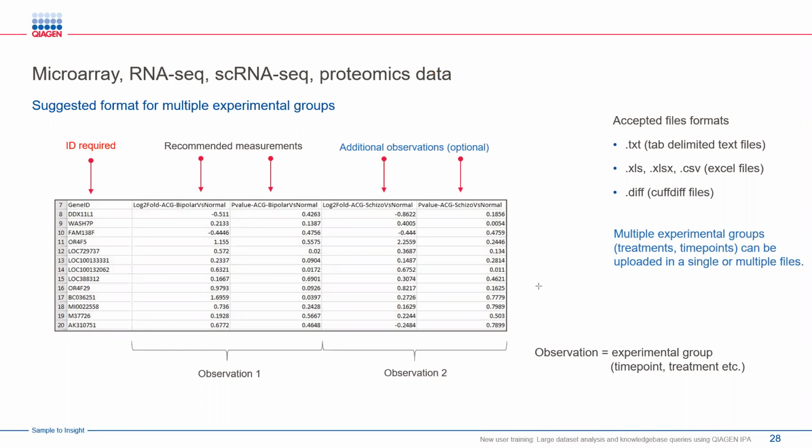So that's where your FDR or p-values come into the picture. You can just type in a filter and say, okay, I want to only include genes that meet a 0.05 p-value criteria. If you don't have them, you need not worry. You can still work with your fold change values, and you can just define what would be your fold change cutoff. So you want at least +2 or -2 fold change as your cutoff. I hope that answered the question.